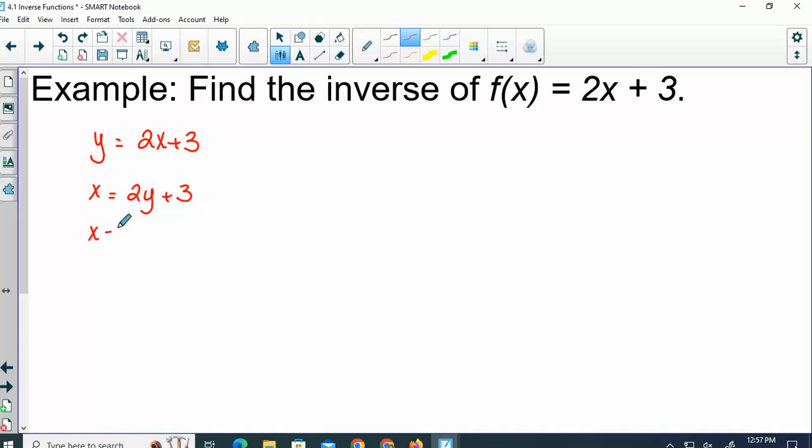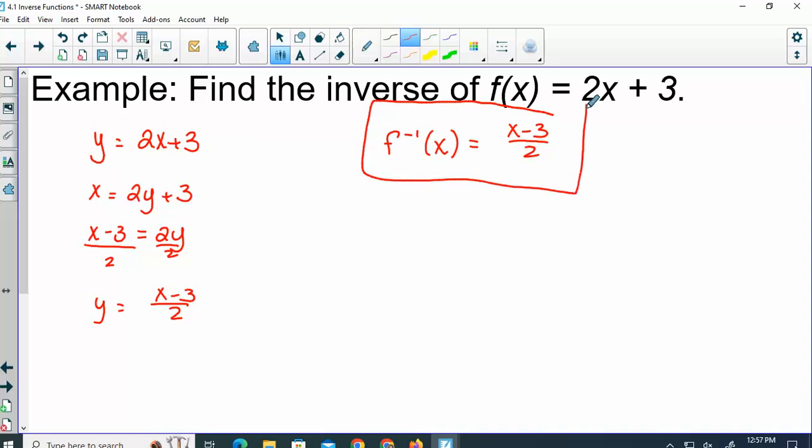So we can subtract the 3, divide by 2. Final step, instead of y, what do we put? So that is my inverse.